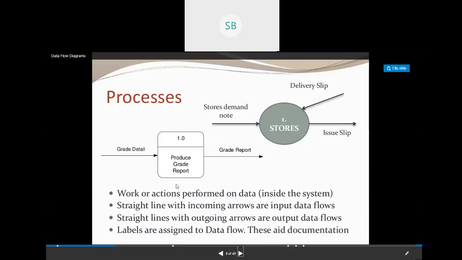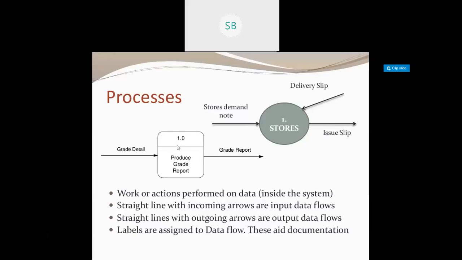So what happens in processes? We are talking only about the processes, this circle part or this square part. They are the works or actions performed on data inside the system. All the work performed is done in this system. It will be kind of a black box. We don't know what is happening here in the diagram, but something is happening.